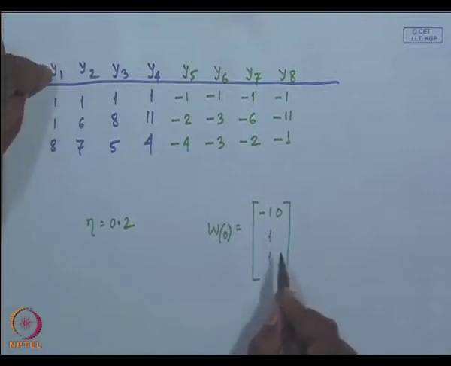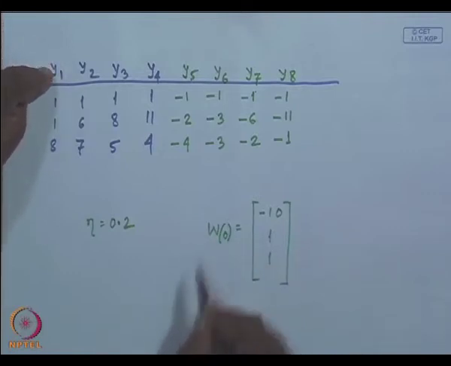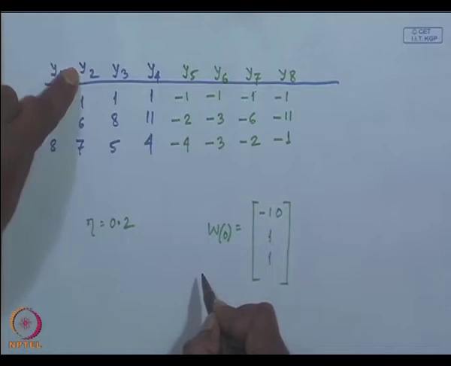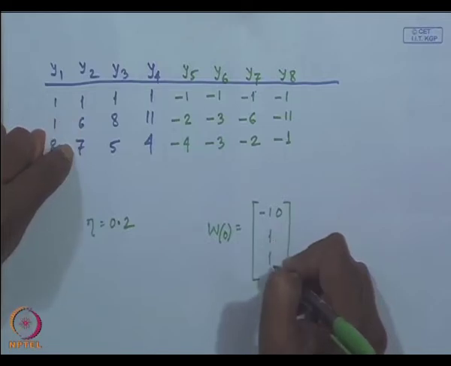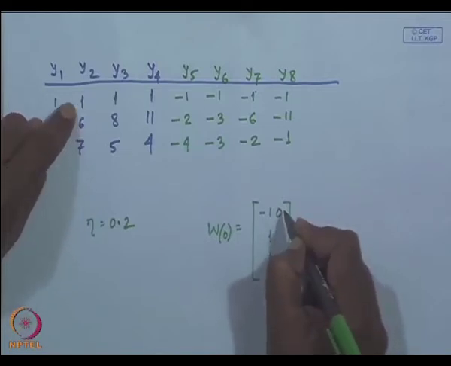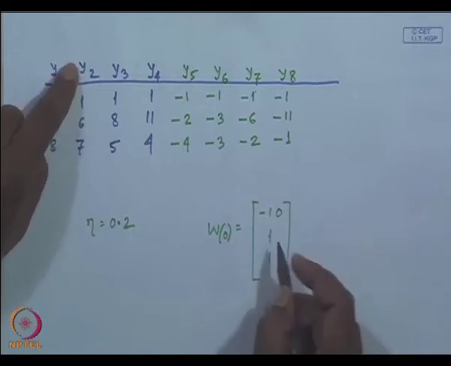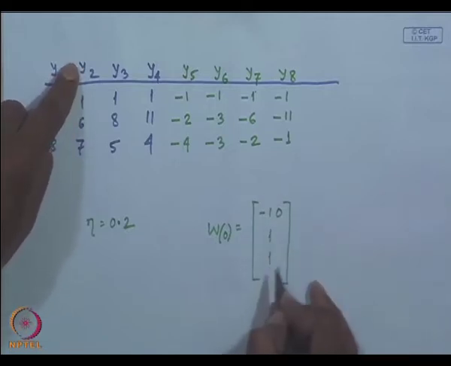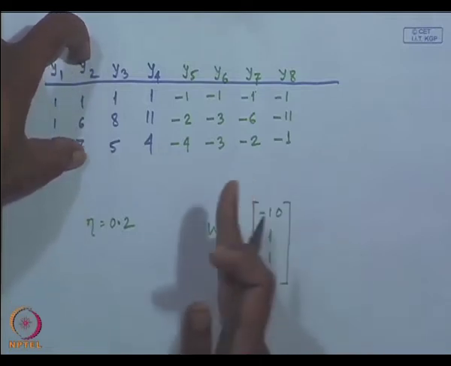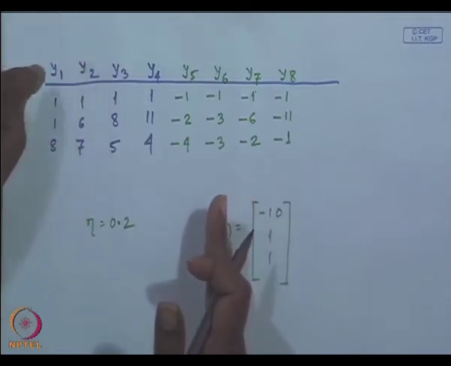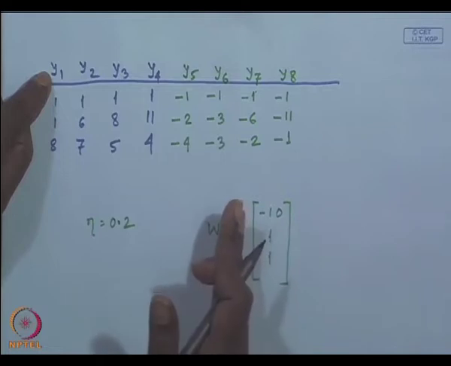That means y 1 is misclassified by this w 0. Coming to y 2, w transpose y becomes minus 10 plus 6 plus 7, which is nothing but 3, that is greater than 0. So, y 2 is correctly classified by this weight vector. I do not have to consider y 2 for modification of w, but I definitely have to consider y 1 for modification of w.